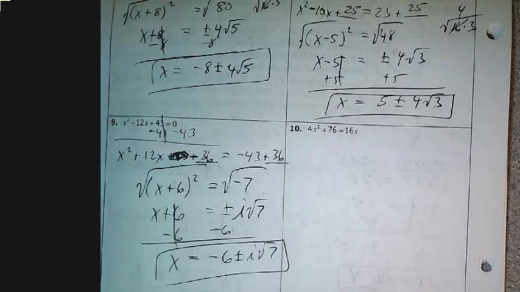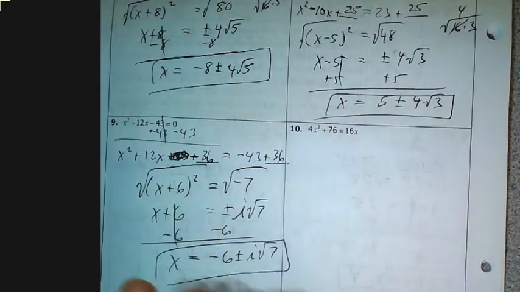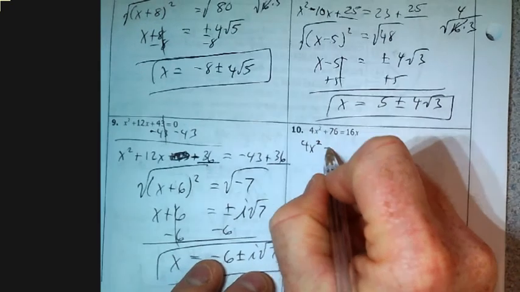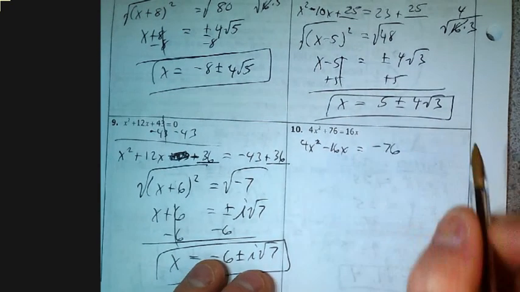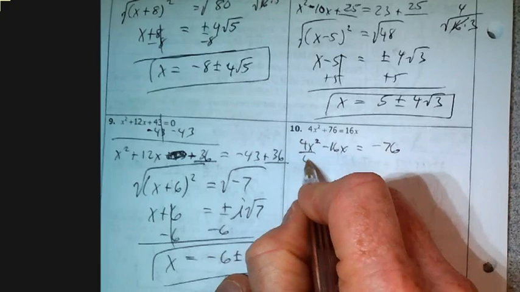All right, so let's go ahead and do this one. I'm going to go ahead and switch it before I divide. So 4x squared minus 16x equals negative 76. When you swap sides, you change the signs. So we're going to divide everything by 4 now.